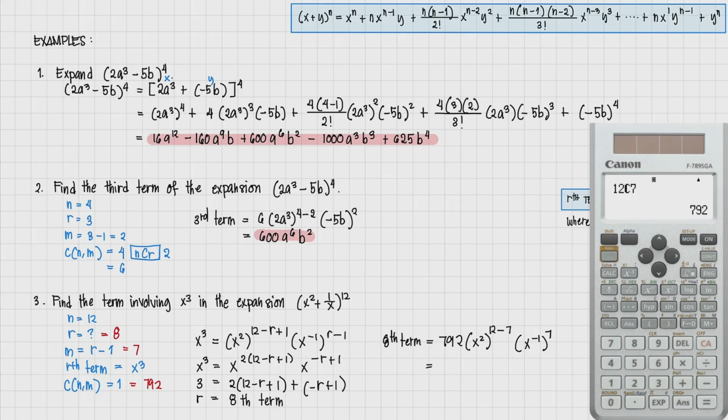So, simplifying this, we have 792 times x raised to 12 minus 7, you get 5, x raised to 10. And then from this, you get x raised to negative 7. Simplifying this further, you get 792 times x raised to 10 minus 7, you get 3.